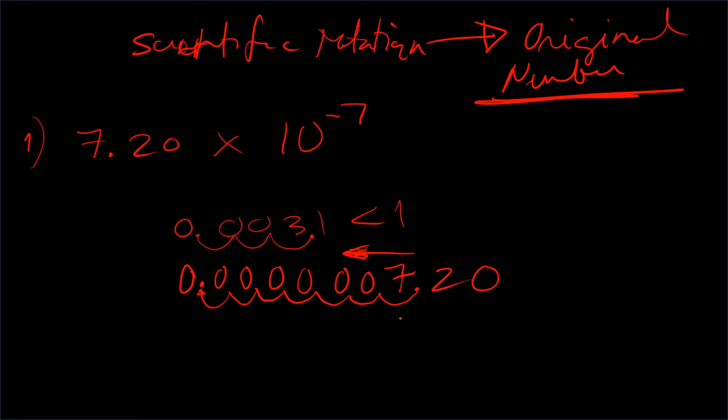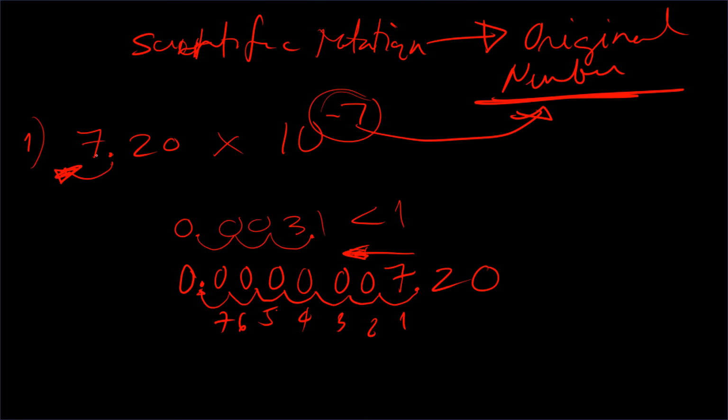So we moved our decimal place 7 times to the left. So kapag ang exponent mo is negative, to convert it back to its original number, you need to move the decimal places to the left side of the number.